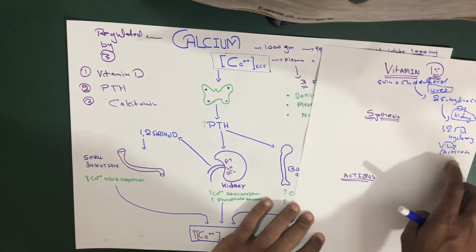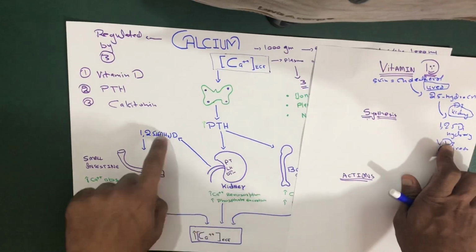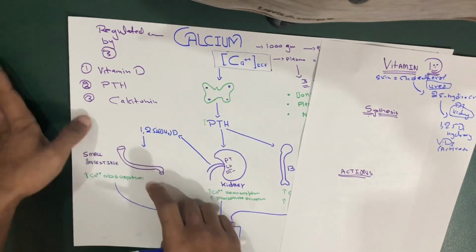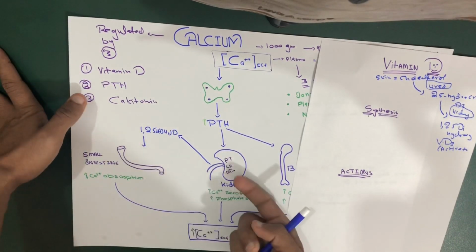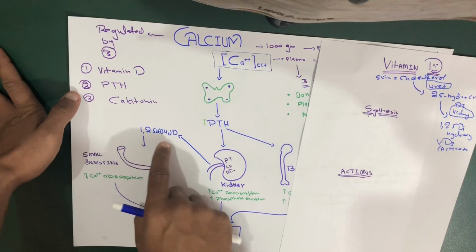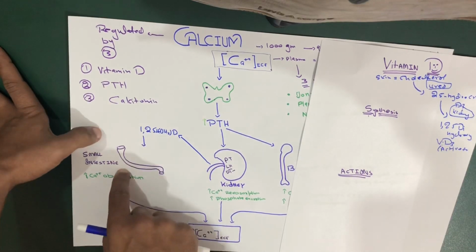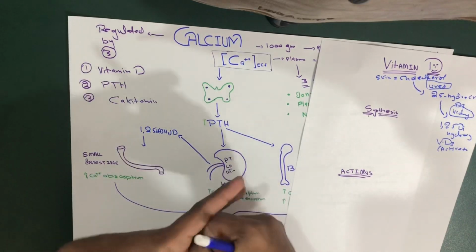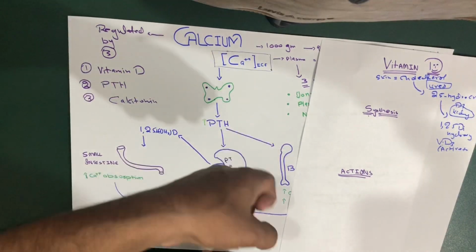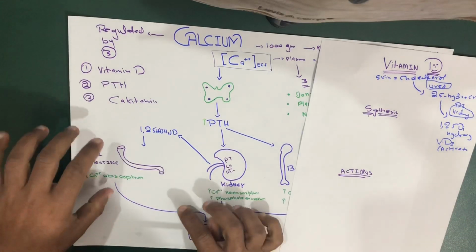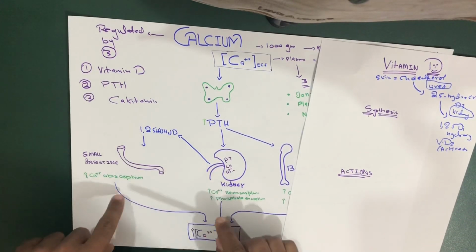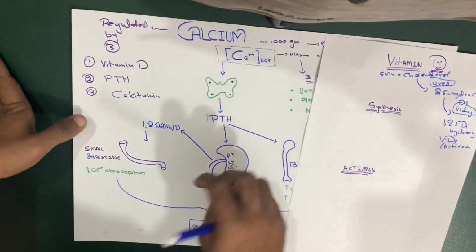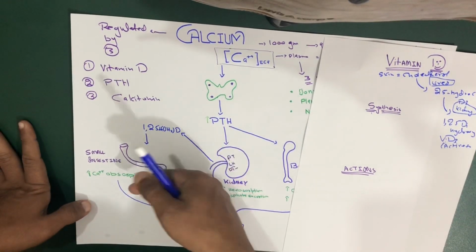This vitamin D as an active form acts on the small intestine, and the active form, 125 dihydroxy D, helps in the absorption of the calcium ion. I'm sorry, not reabsorption, it's the absorption. So vitamin D helps in the absorption.